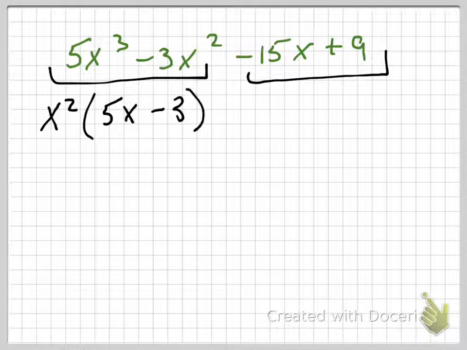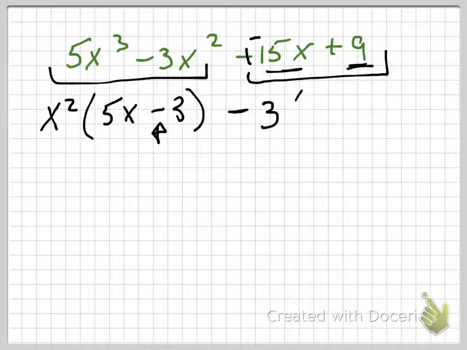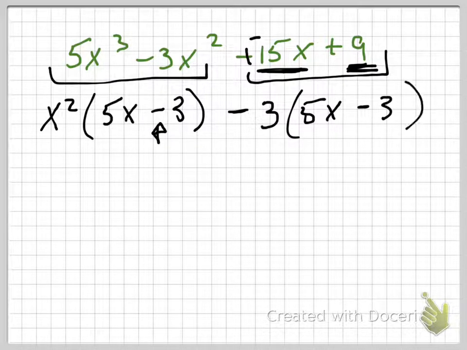You've got to be careful with this negative right here. I like to do this. The GCF here, notice I've got a negative right here, so I want to take out a negative. I want to take out a negative 3 of these two, because that way it'll turn this into a positive 5x, and it'll turn this into a negative 3.